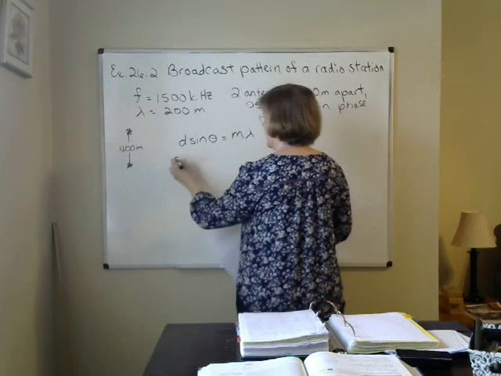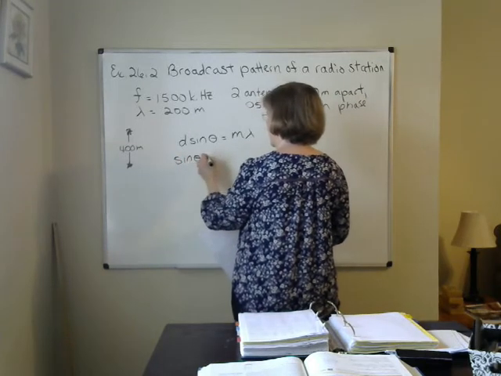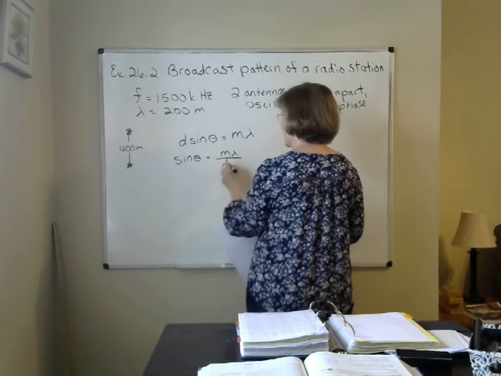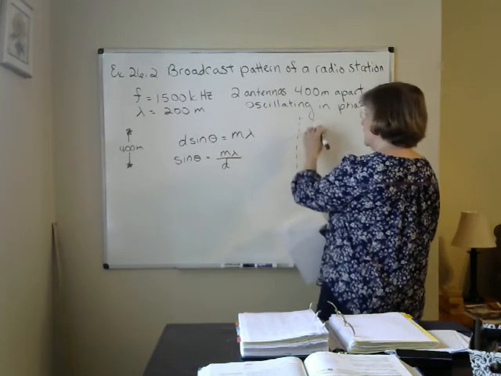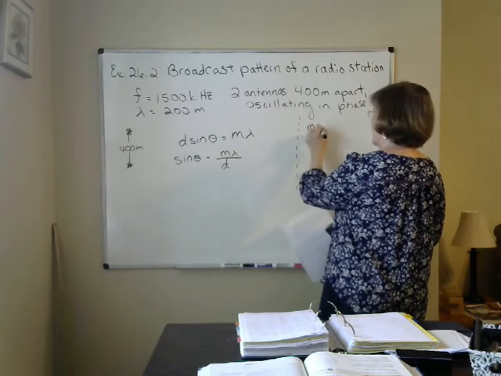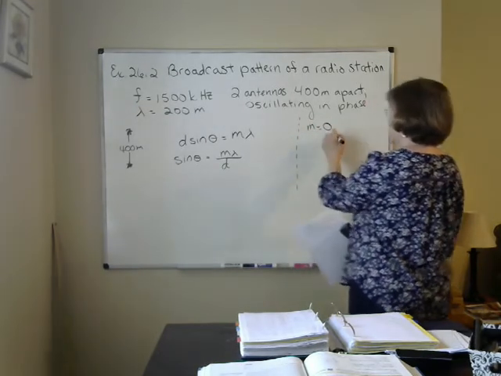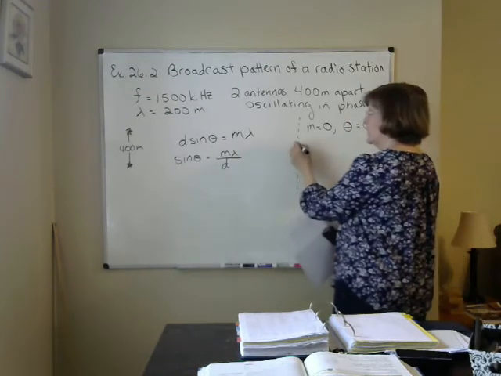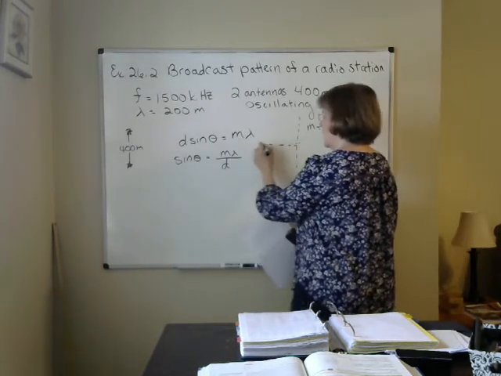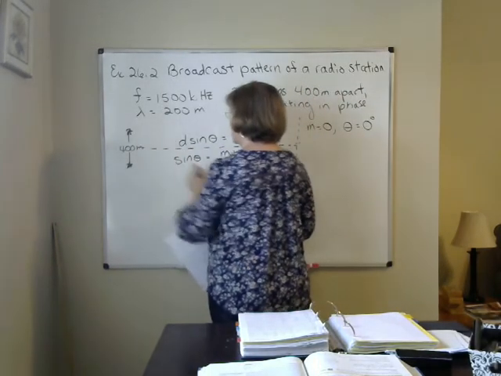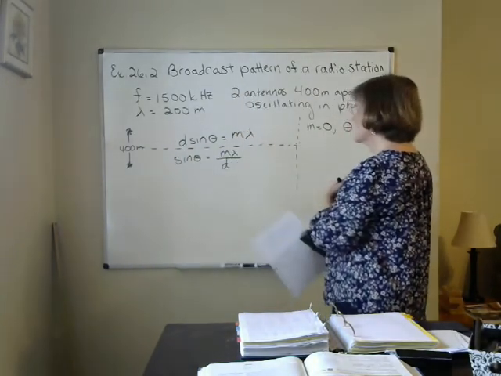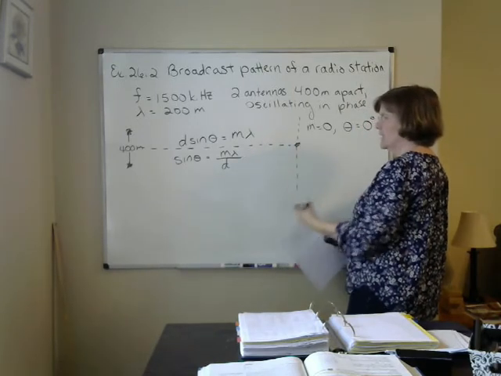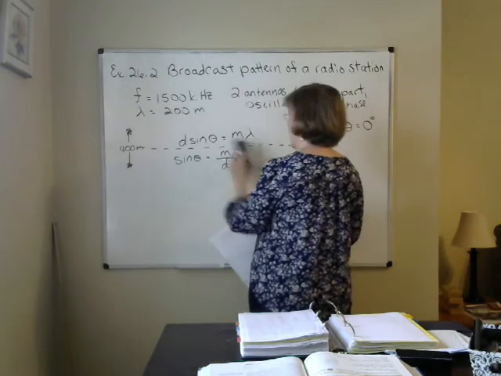Let's solve this: sine theta equals m lambda over d. If I plug in m equals 0, I get that theta equals 0. That makes sense. If you're over here at a direction that we're going to call 0 degrees directly across, we expect that those waves would be reaching you in phase, and you would hear a maximum.